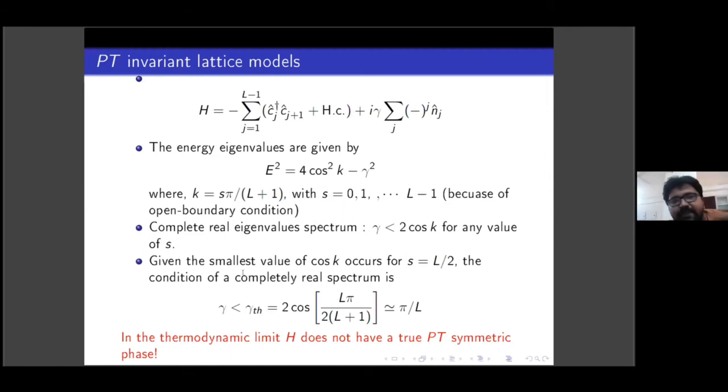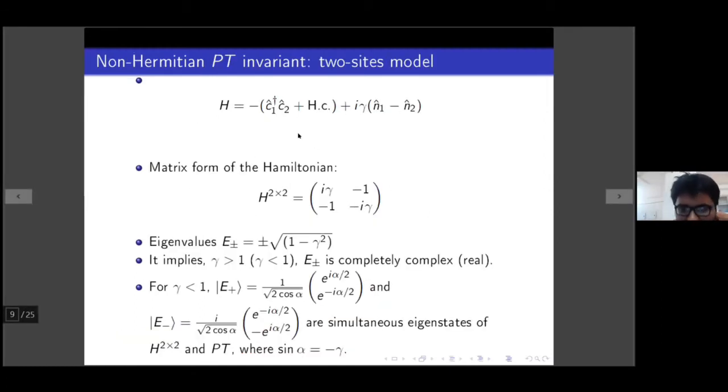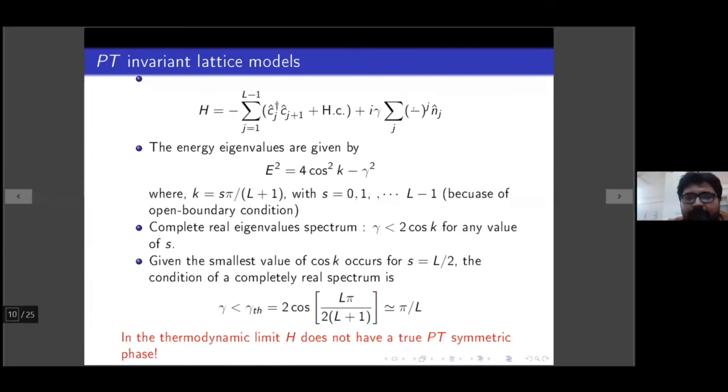So the first guess, motivated by this two-site model, was just putting minus 1 to the power j on each site, this kind of on-site potential. In a similar spirit, as I discussed earlier, you can easily convince yourself that it also obeys this PT symmetry.